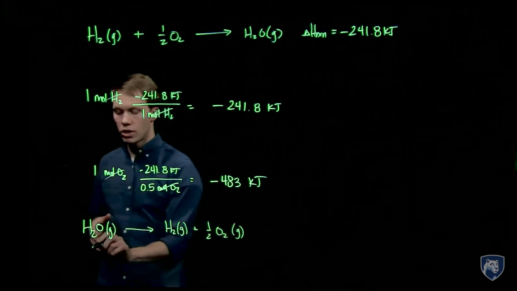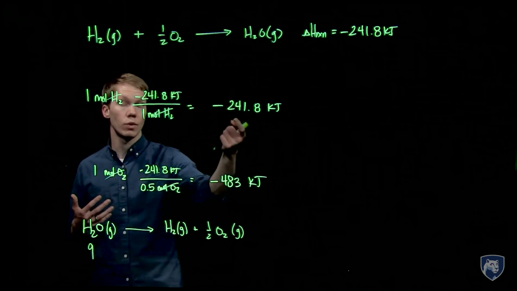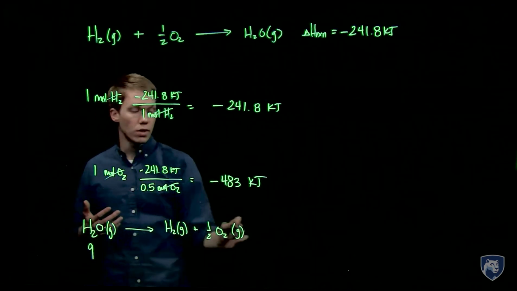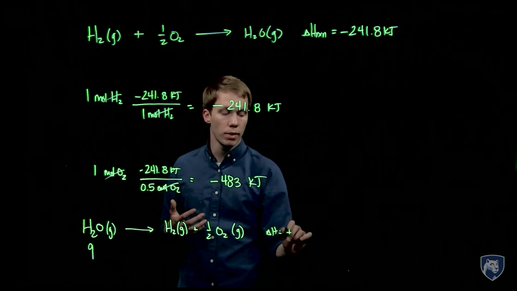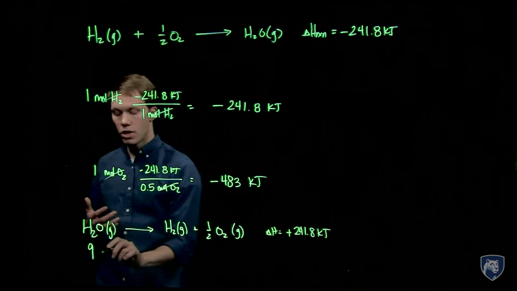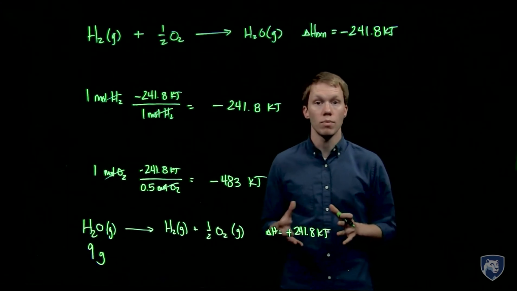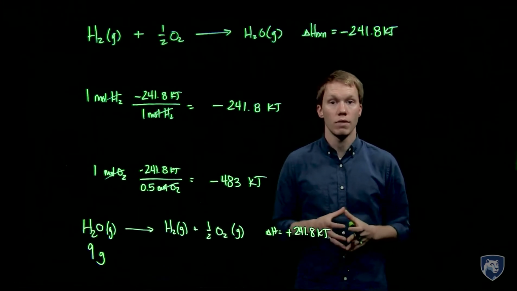And I want to know how much heat will need to be applied, right? We know that heat is released when we do the opposite, and so delta H here is going to be plus 241.8 kilojoules, and I want to know about 9 grams.